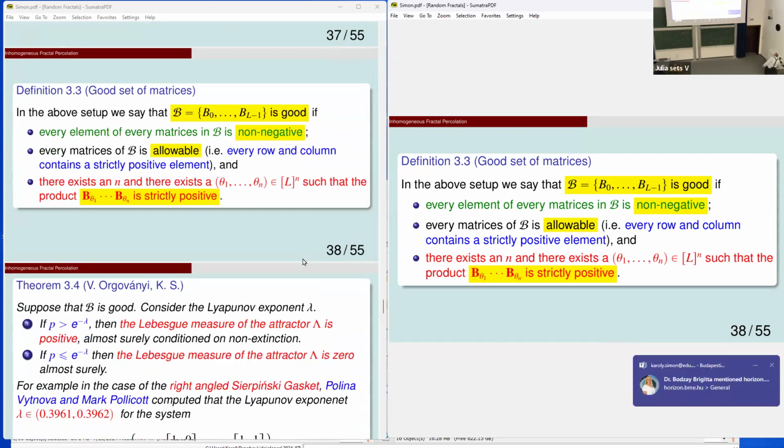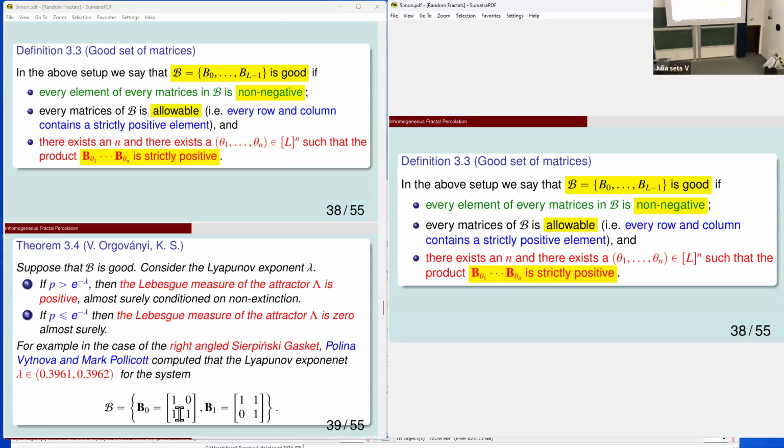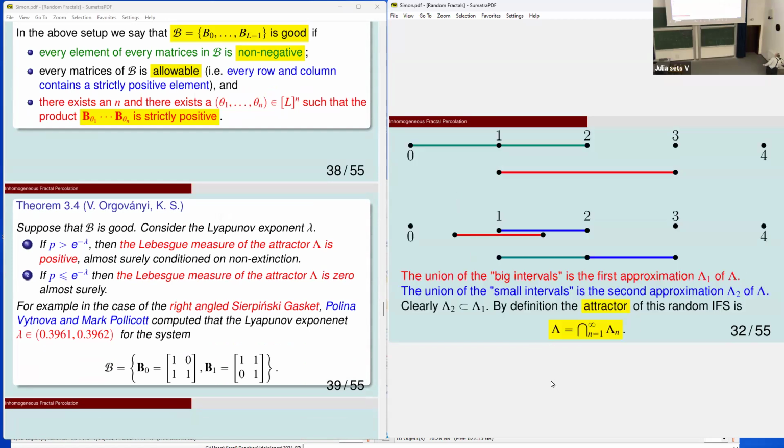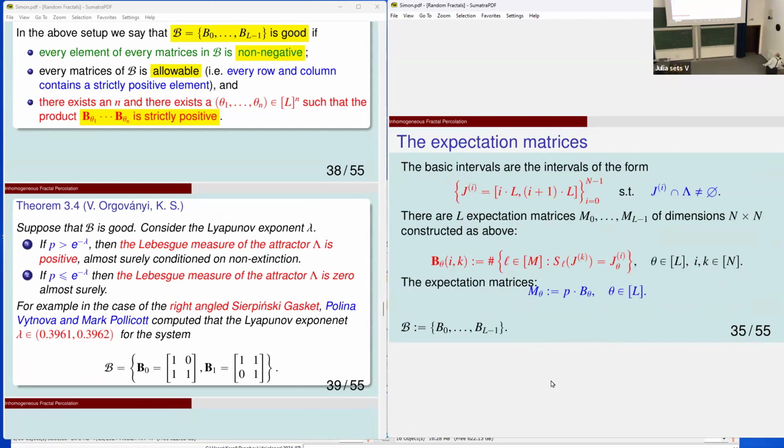And here is our first theorem. Here is our first theorem with Vilma Orgoványi, that we take the Lyapunov exponent. Just a moment, let me check where is the definition of the Lyapunov exponent.